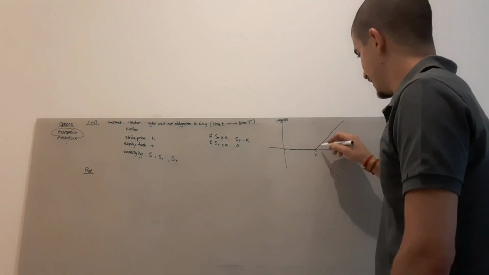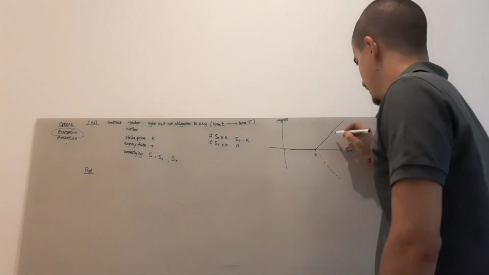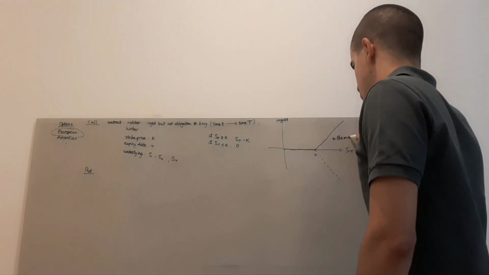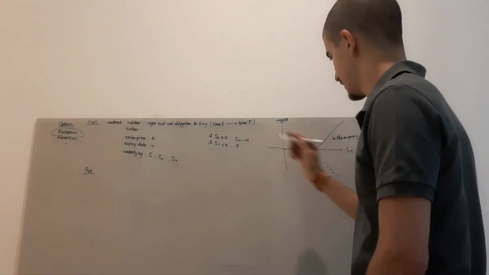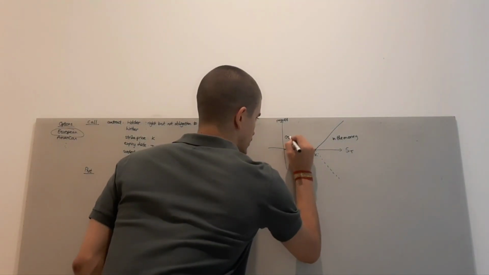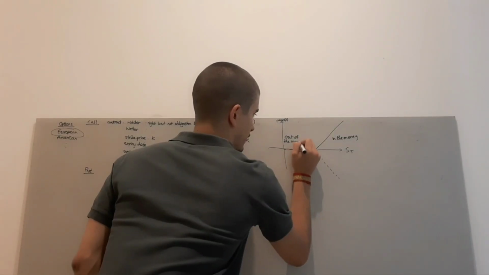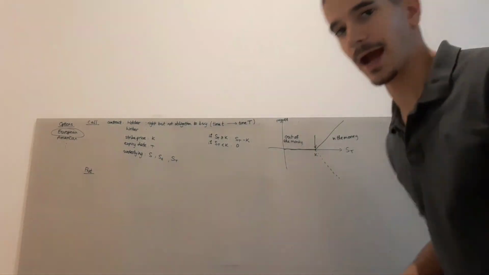Now, when ST is greater than K, the option is said to be in the money. If it's less than K, it's said to be out of the money. Right at K, it's said to be at the money.